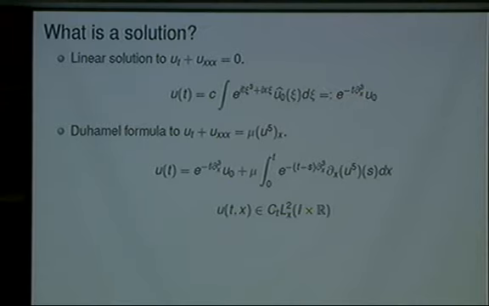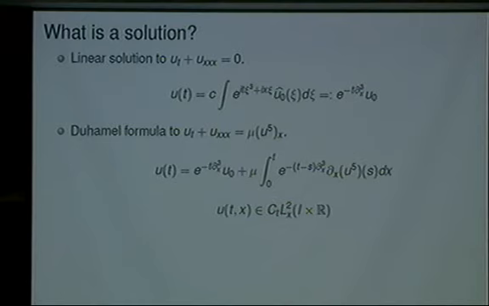And then by the Duhamel formula, we can change the differential equation into the integral equation. So the solution that we are looking for is a function in L2 in space and continuous in time, satisfying this integral equation.